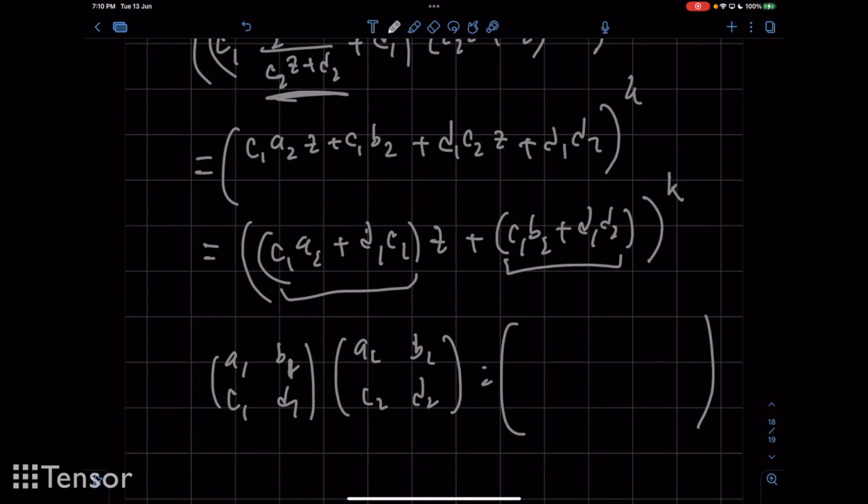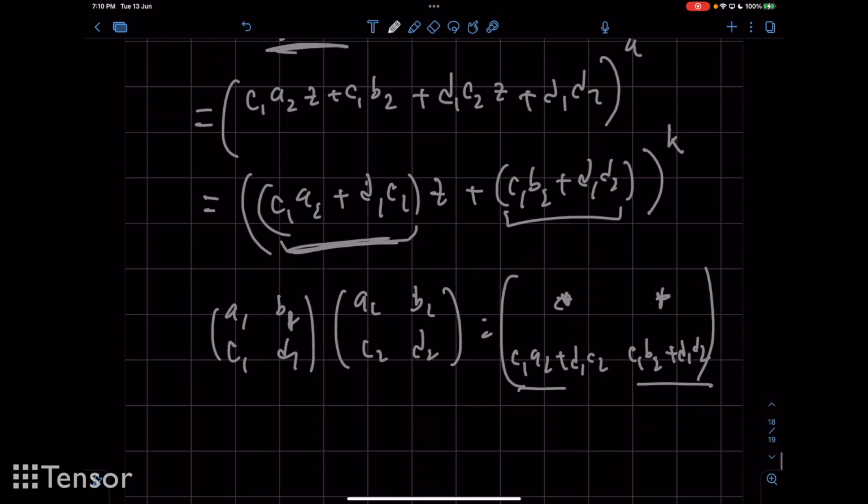The second row is C1 A2 plus D1 C2, and the last element is C1 B2 plus D1 D2. What is in the first row doesn't matter right now. So we have proved that the modularity condition is satisfied for the product of gamma 1 and gamma 2. Now we just need to verify it for the inverse.